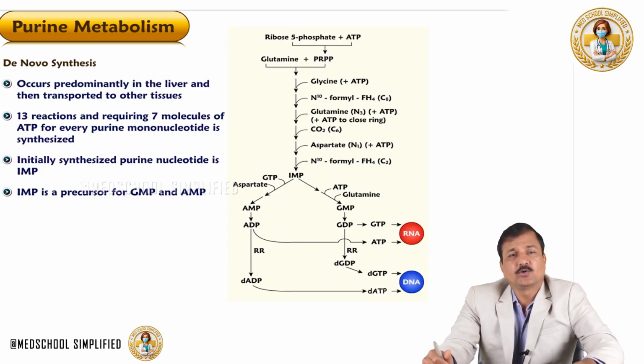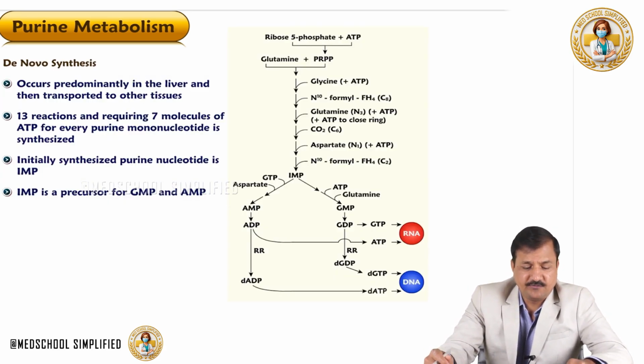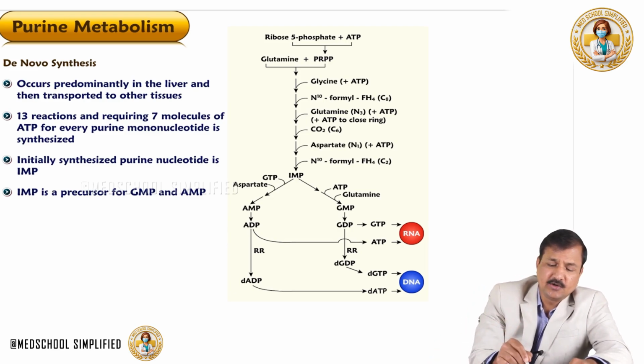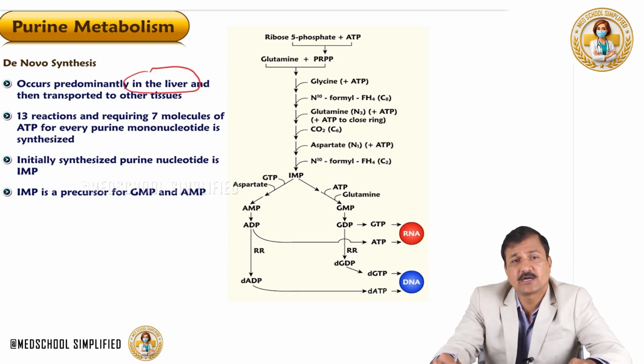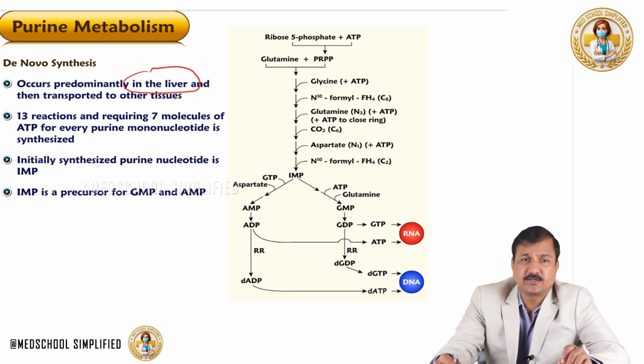Now let's look into an overview of de novo synthesis of purine nucleotide. This particular figure is showing you the overview. Note that most of the purines in our body are synthesized predominantly in the liver and then they are transported out of the liver to other extrahepatic tissues.